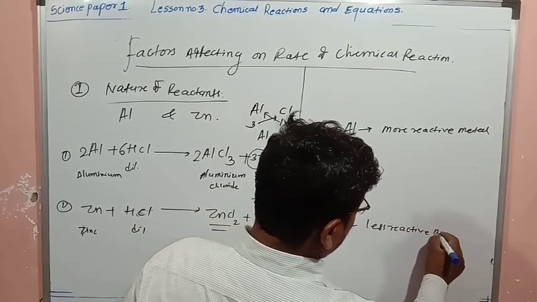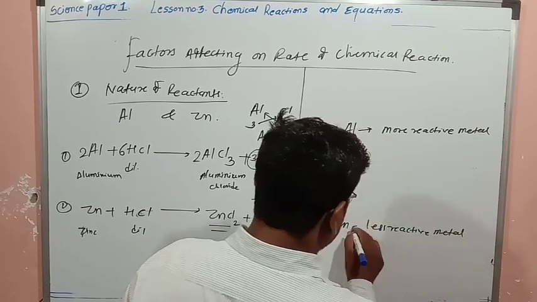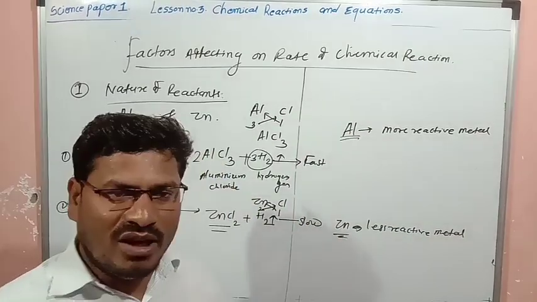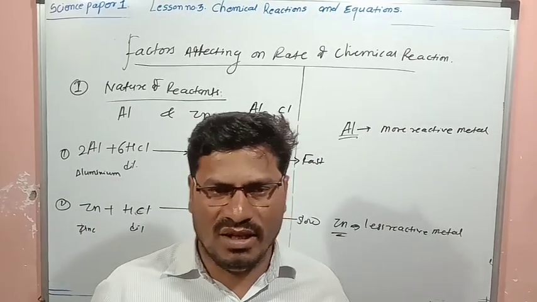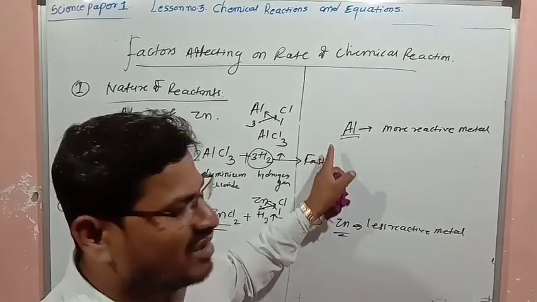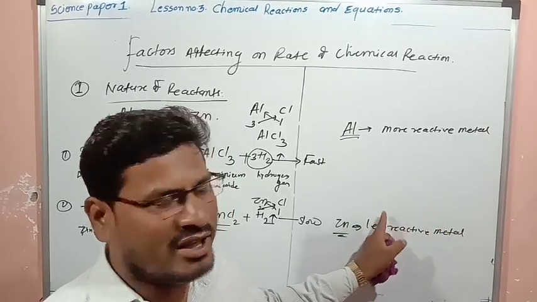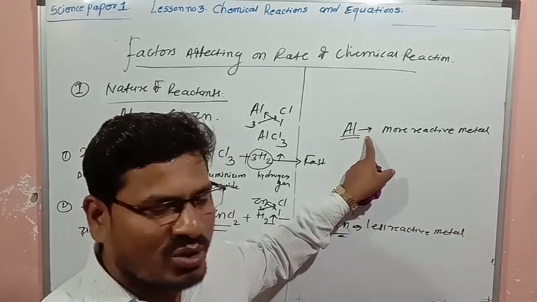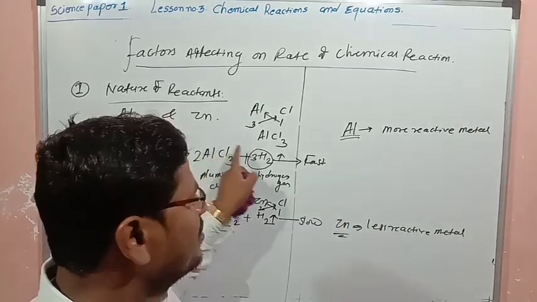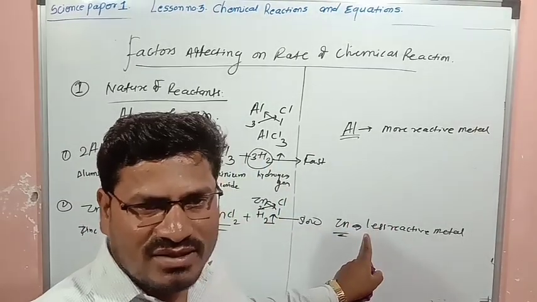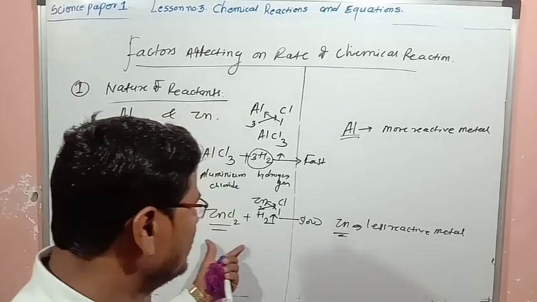Here reactivity is affecting the rate of the chemical reaction. The rate of the chemical reaction is affected by the reactivity of the reactant, and aluminum is more reactive, so this reaction occurs very fast, and zinc is less reactive, so this reaction occurs slowly.